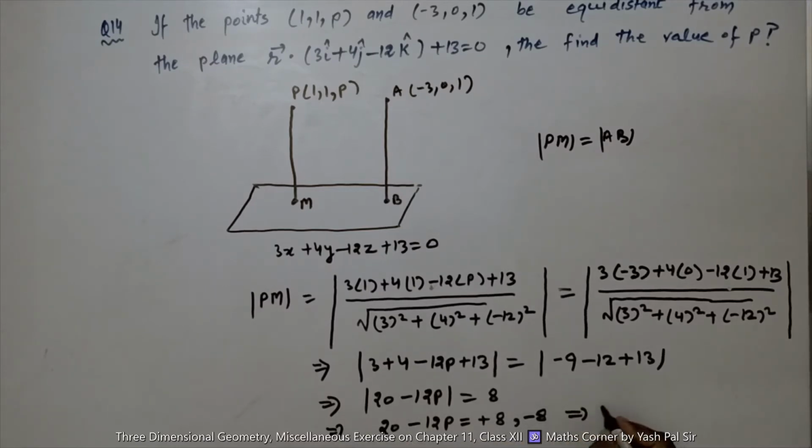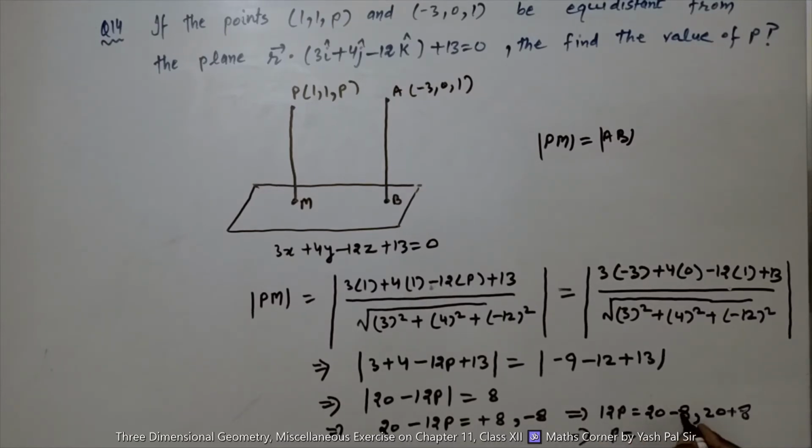So we have 12p is equal to, one time this is 8 minus 20, second time this is minus 8 minus 20. Sorry, I am writing wrongly, 12p is equal to 20 minus 8 or 20 plus 8.